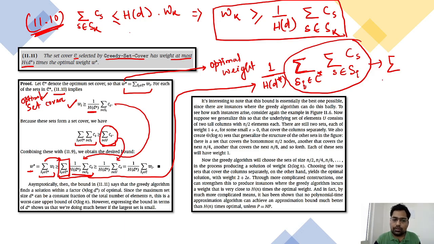Clear. So small s belongs to U, the universal set. The cost we have selected is this much.